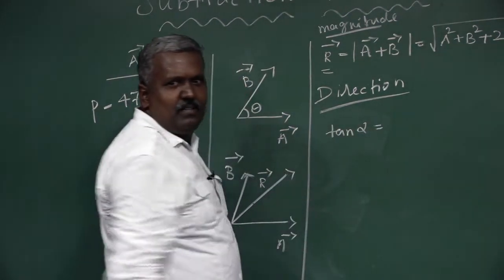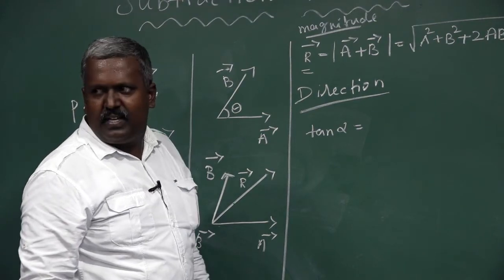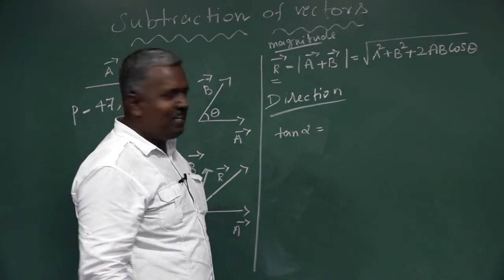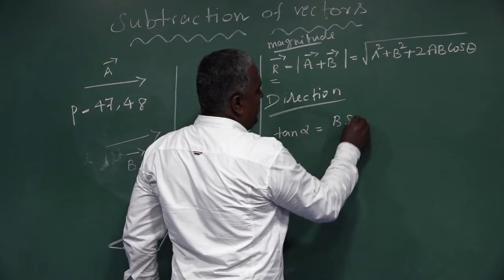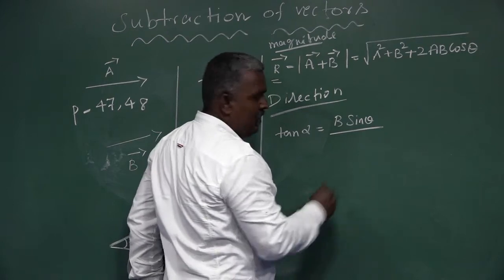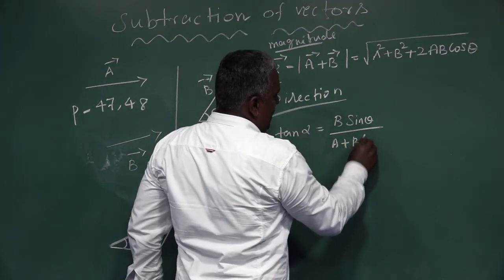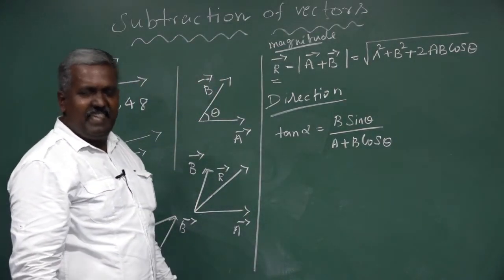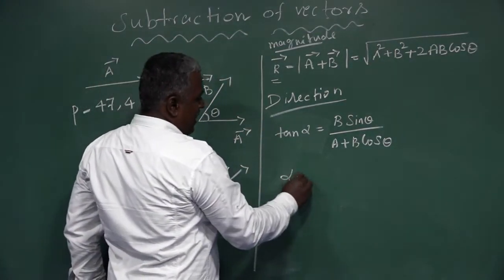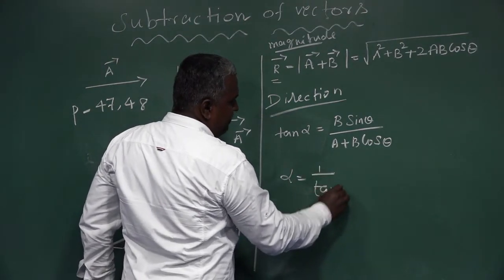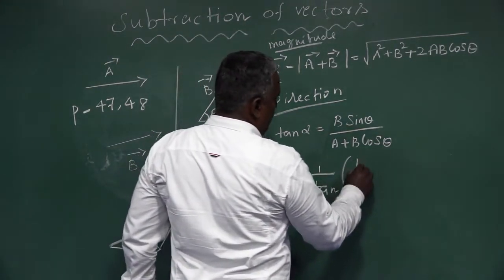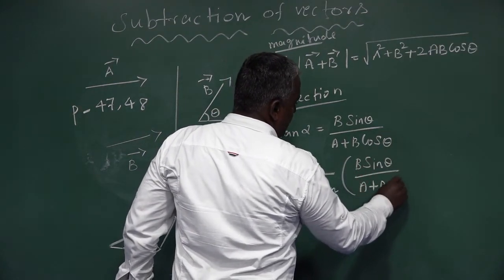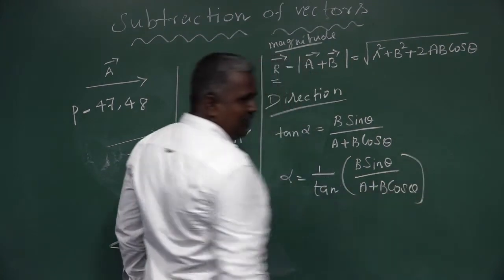So tan alpha is equal to B sin theta by A plus B cos theta.